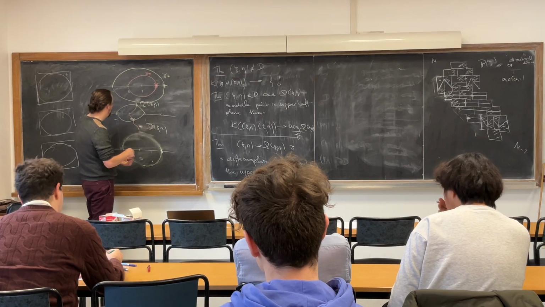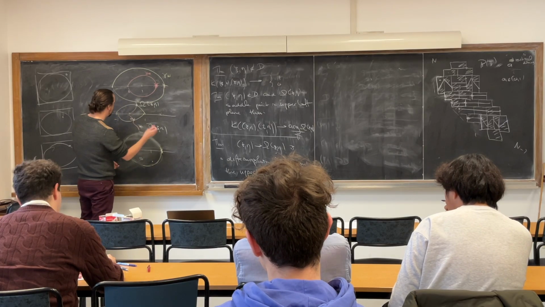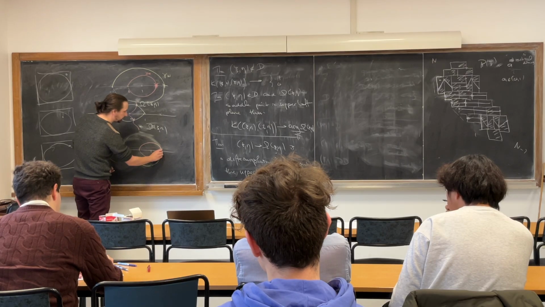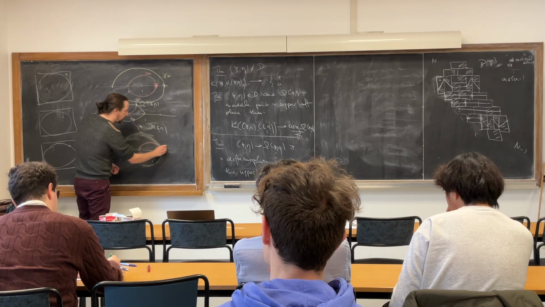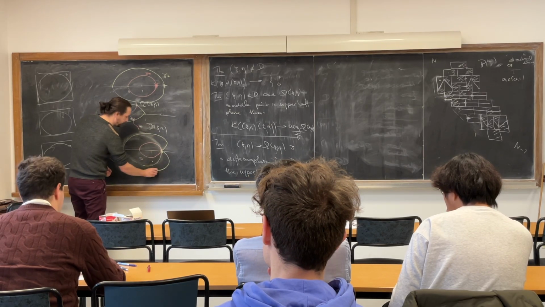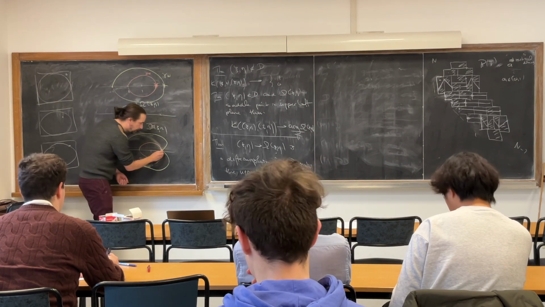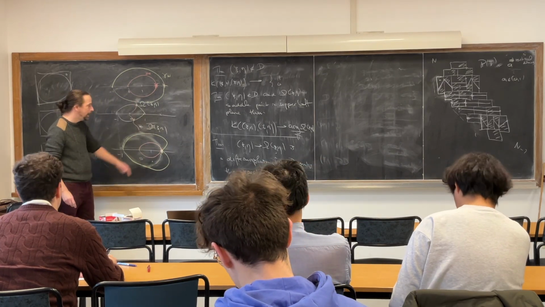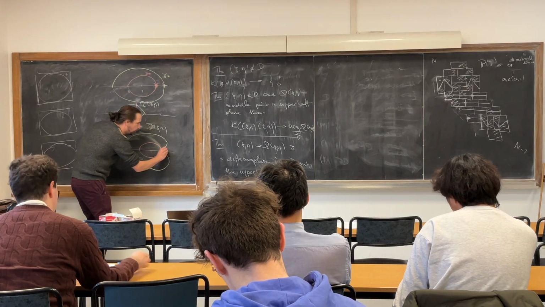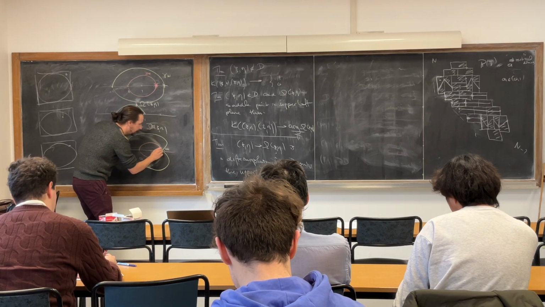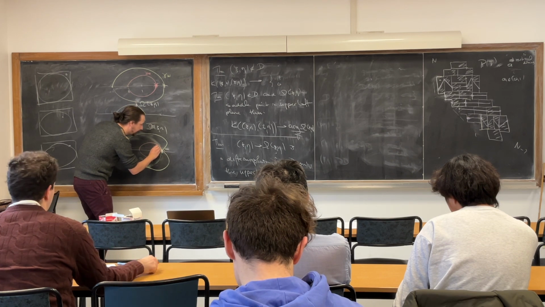And if you draw what happens, you will go like this, and you will go like that. And at this point here, if you zoom in, basically this angle is going to be pi over 3, and here it's minus pi over 3, and also this angle is pi over 3.